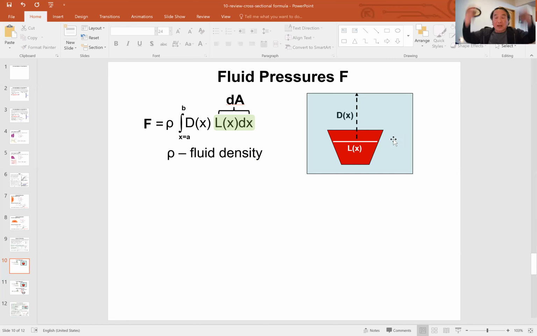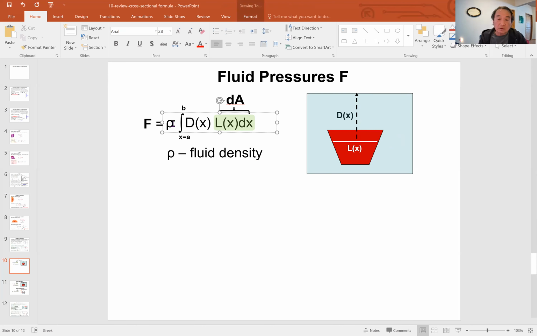I take that and multiply by the depth, the distance to the top, times rho, the fluid density. We're going to use water. You can find this on the net. If it is oil, you can check the density of oil, and so on. Water you can check on the net.